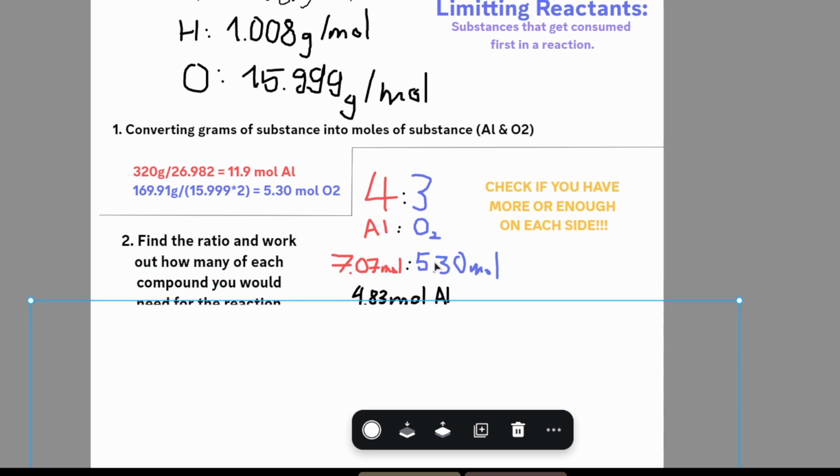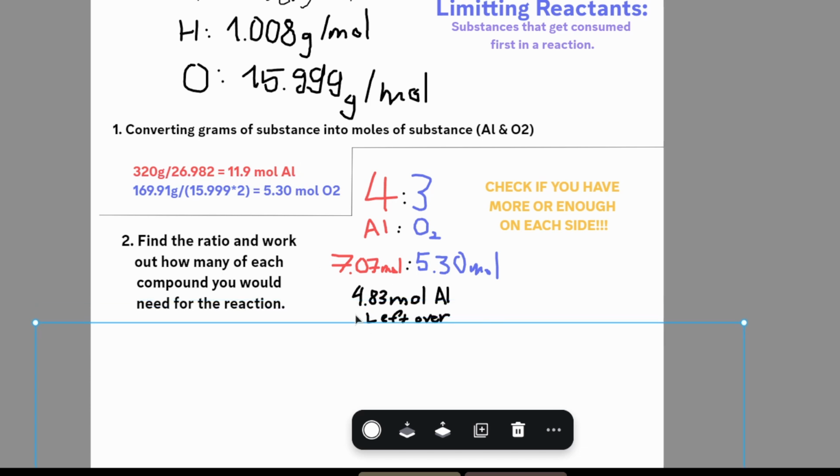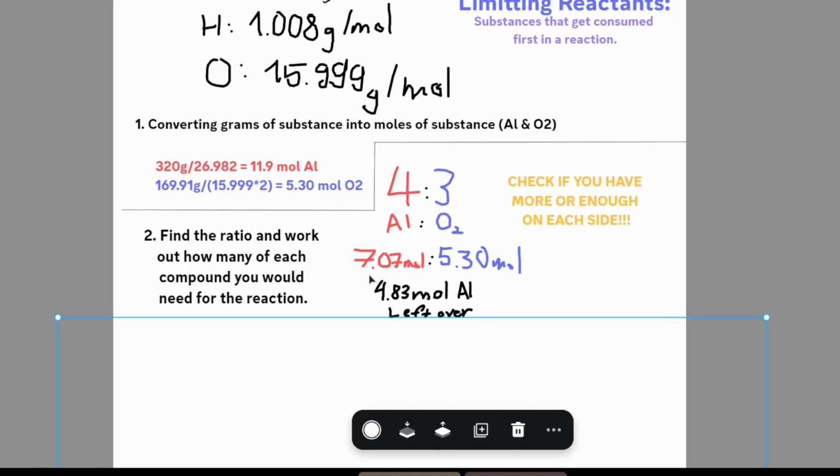So you would take this number divided by 3 and then times 4. And we don't actually get 11.9, we get 7.07 moles. And so we have 4.83 moles of aluminum left over, which basically means that many moles of aluminum is not going to react because we only have this amount of moles.